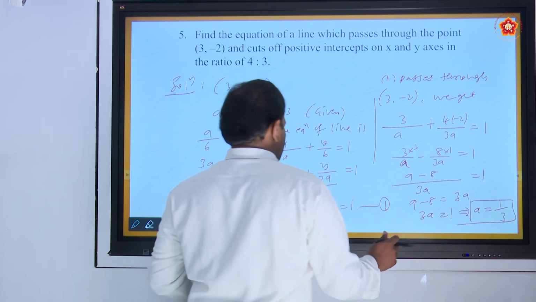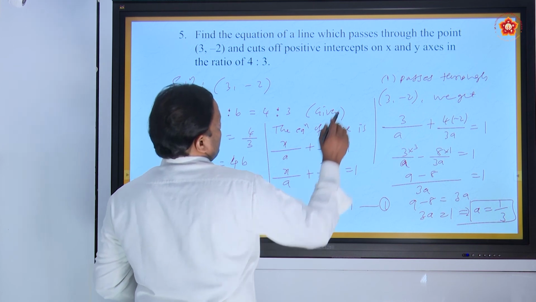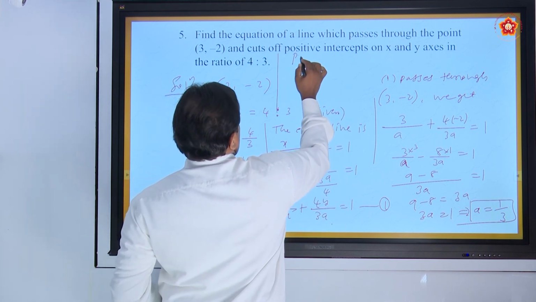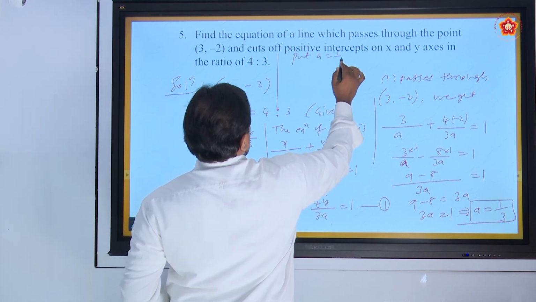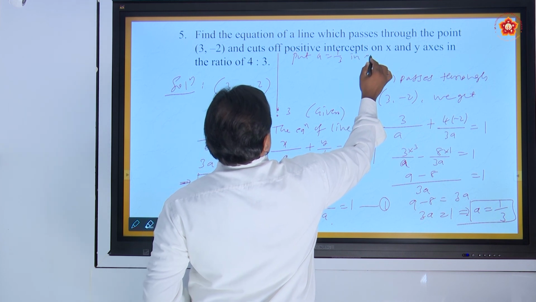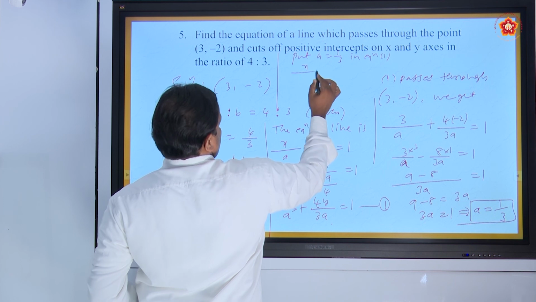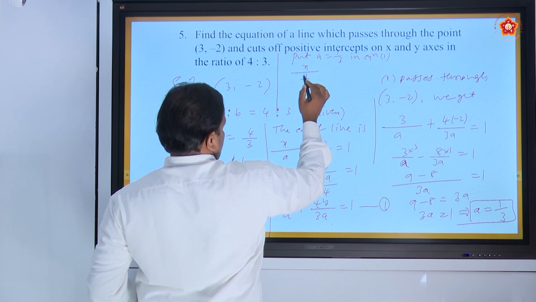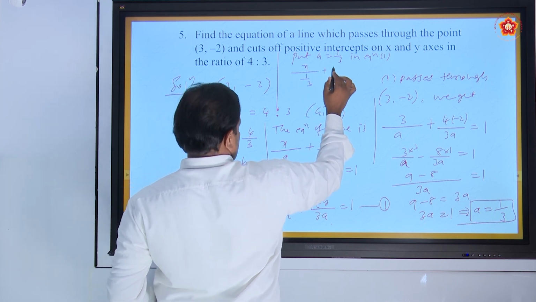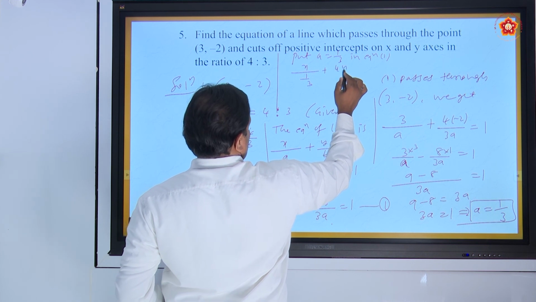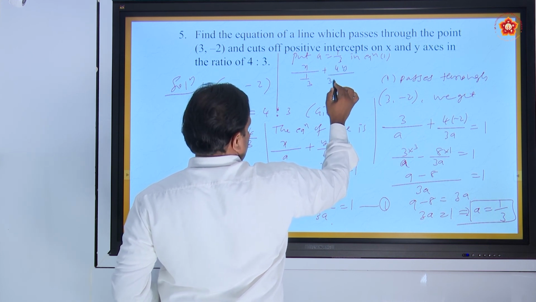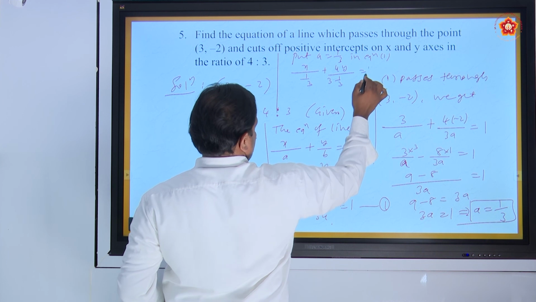Put A equal to 1 by 3 in equation number 1. x divided by 1 by 3 plus 4y by 3 into 1 by 3 is equal to 1.